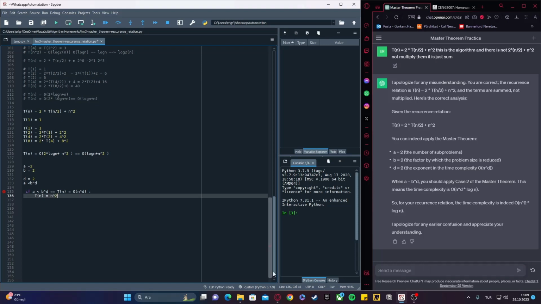There's no logarithm. Actually, if I solve it with the master theorem, the answer will be n power 2.